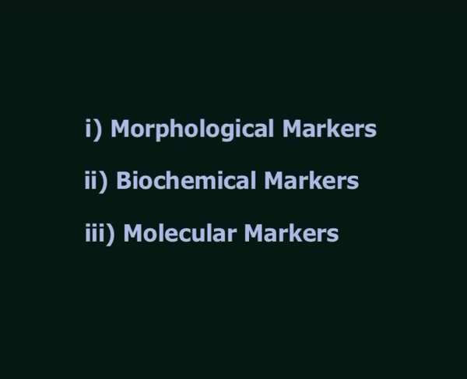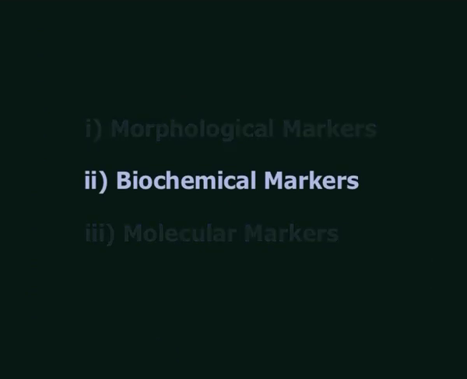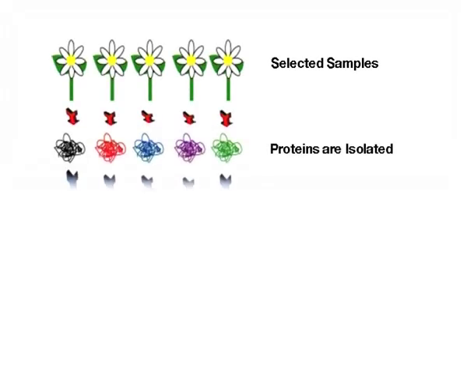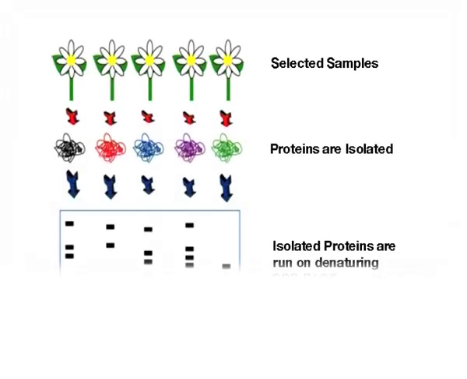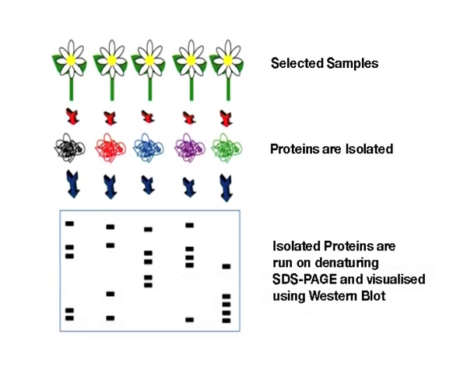Next marker is biochemical markers. Isoenzymes are used as biochemical markers in plant breeding. Isoenzymes are common enzymes expressed in the cells of plants. The enzymes are extracted and run on denaturing electrophoresis gels.